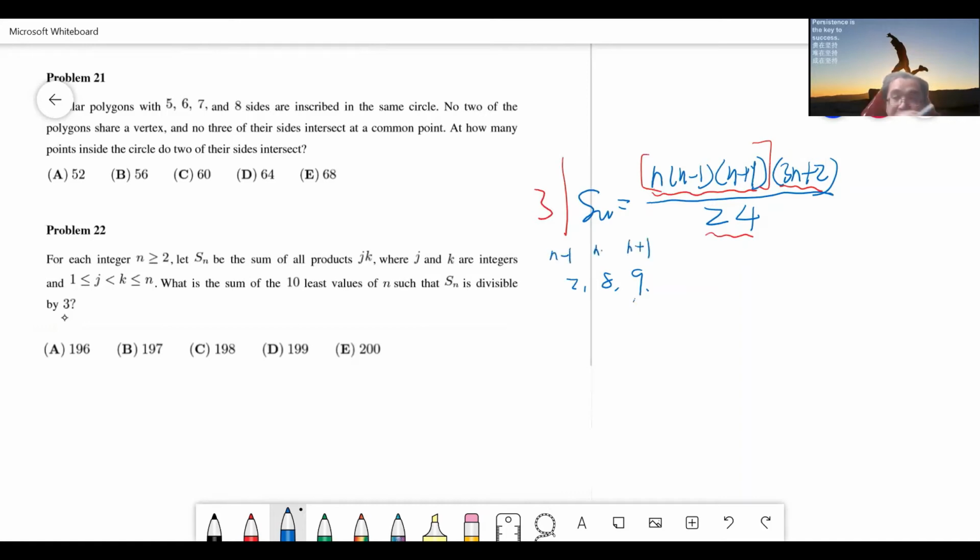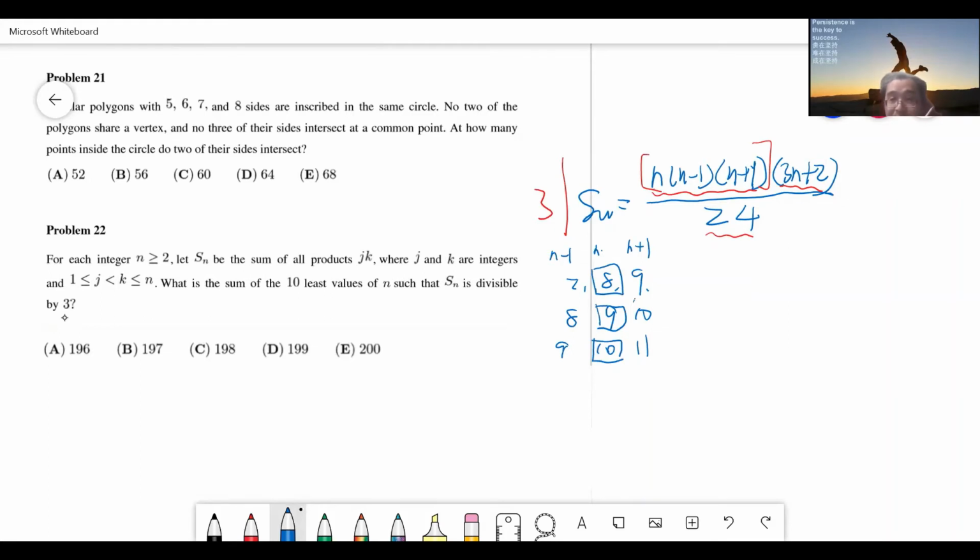This is the smallest three consecutive numbers where n equals 8. So continue, we're going to have 8, 9, and 10, then 9, 10, and 11. So we have 10 here.